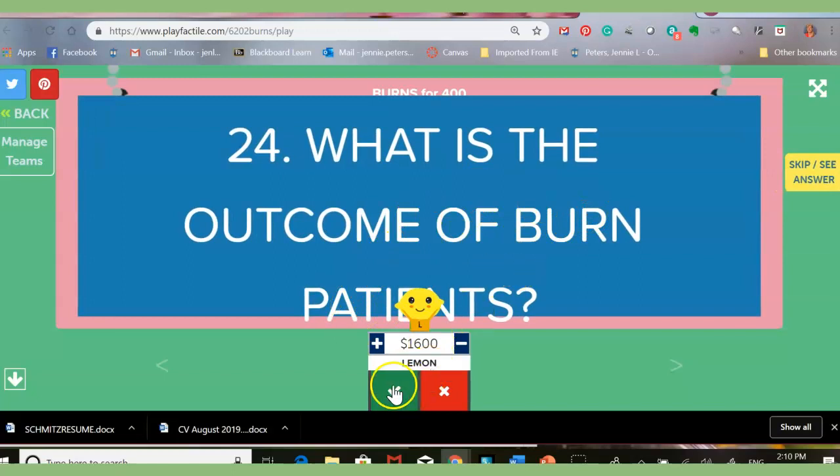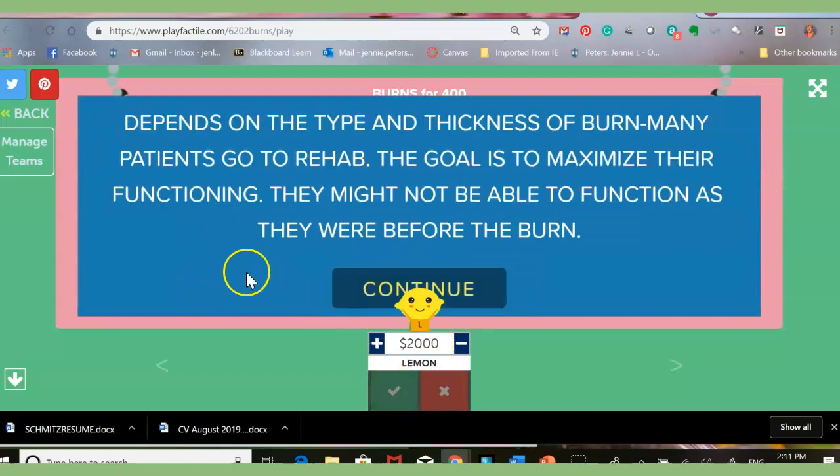What is the outcome of burn patients? So what is the outcome? Now, of course, it depends on the degree or the percentage of burn. So you can use the rule of nines to determine that.